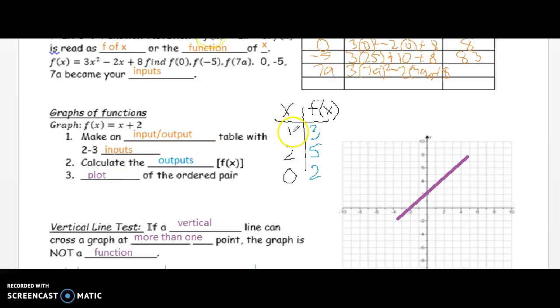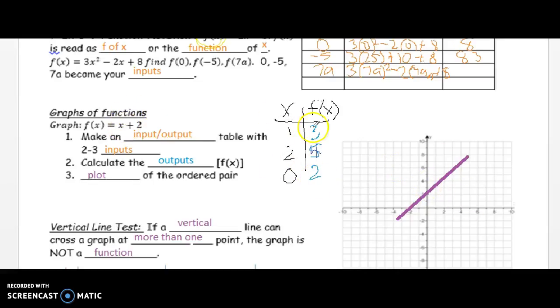So for my input of 1, I put it into my function, so I have 1 plus 2 gives me 3. 2 plus 2 gives me, that should say 4, not 5. Let's fix that. There we go. And then if I put in 0, I get 2.